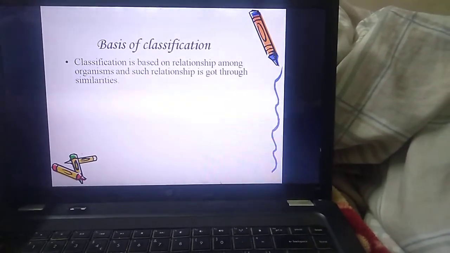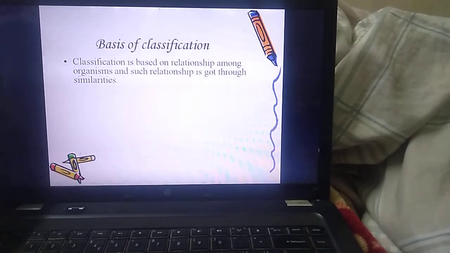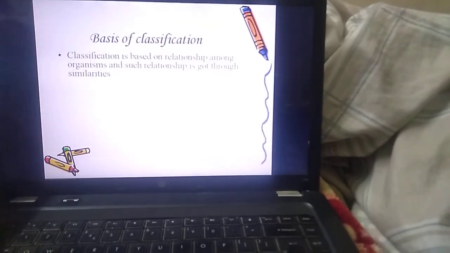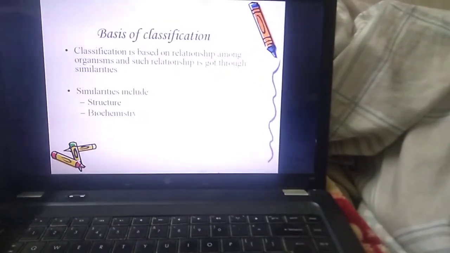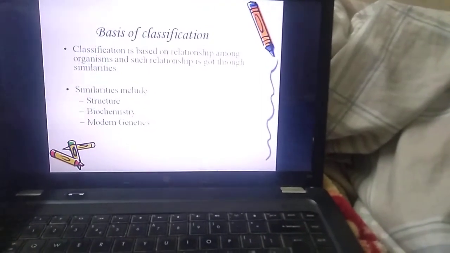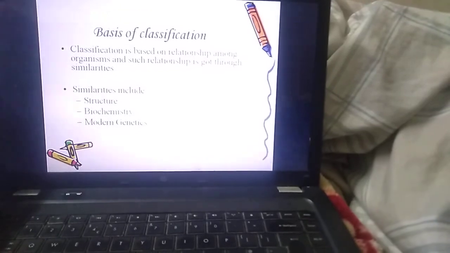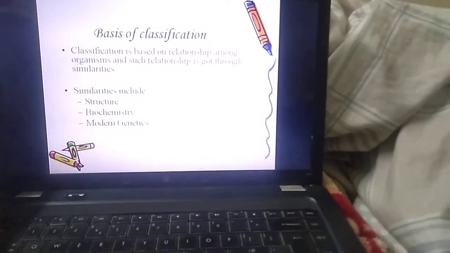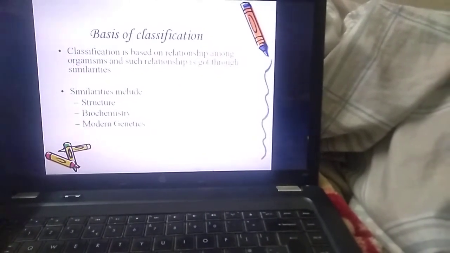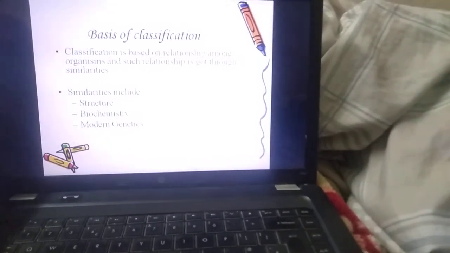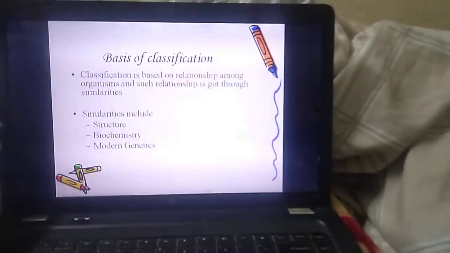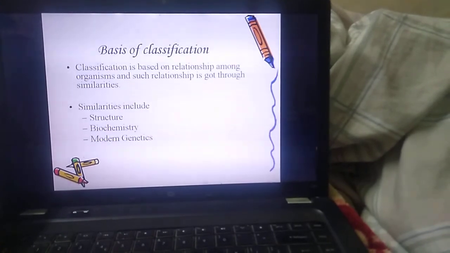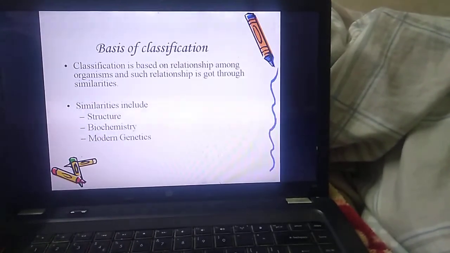Basis of classification. Classification is based on relationship among organisms, and such relationship is found through similarities. These similarities include structure, biochemistry, and modern genetics. Structures may be external and internal. Biochemistry includes chemical composition and processes present in living organisms, and modern genetics includes characteristics or features which are studied by studying DNA of two organisms.